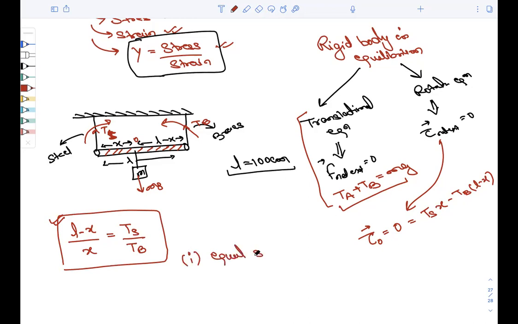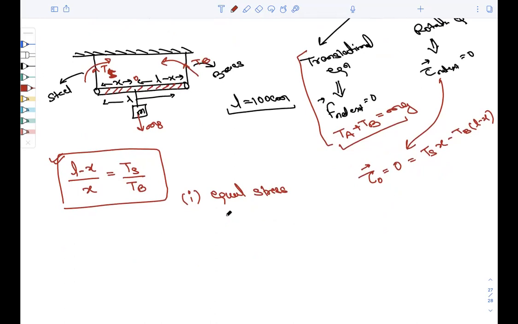Equal stress. When there is equal stress, then we can simply say that TS by AS equals TB by AB. This is only the tension, the force acting on the wire, upon the cross-section area, that is the stress.